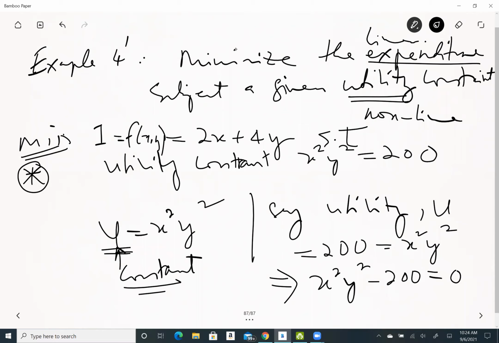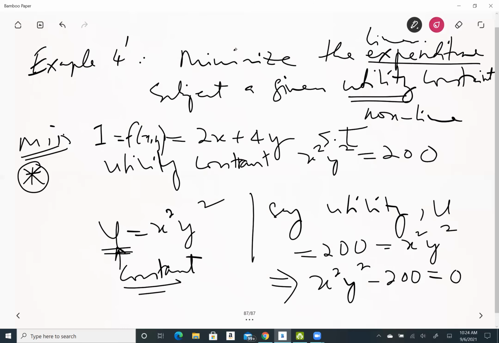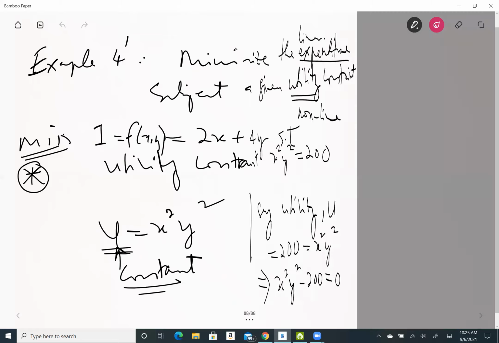Okay, you got it? So your Lagrangian will be equal to what? Our Lagrangian is equal to the objective plus lambda multiplied by the constraint.